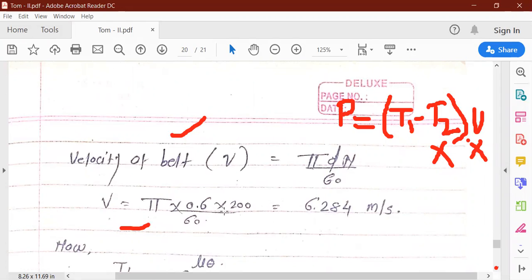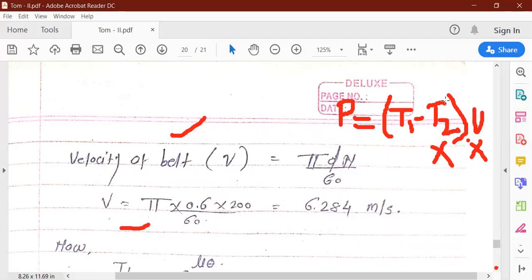So put in all the values. V is equal to pi, that is 3.14, multiplied by d, that is 0.6 meter, n 200 rpm, divided by 60. After simplification, we will get 6.284 meter per second. So we will get the velocity.